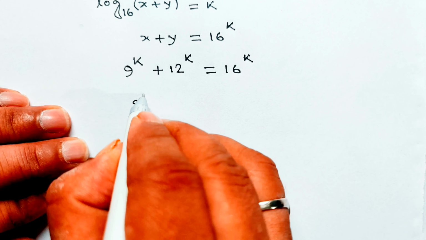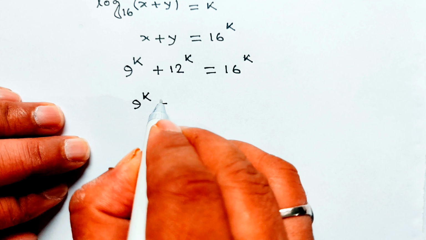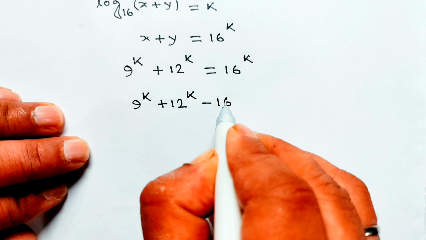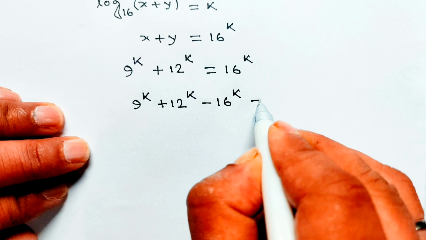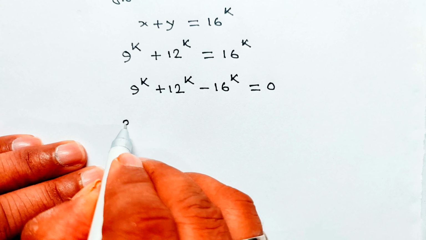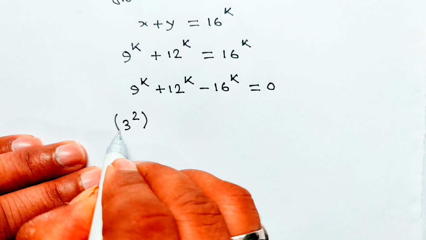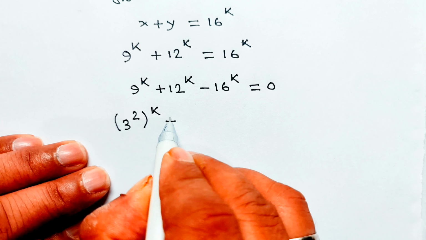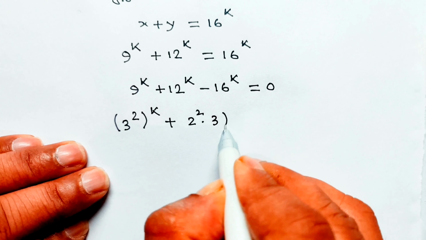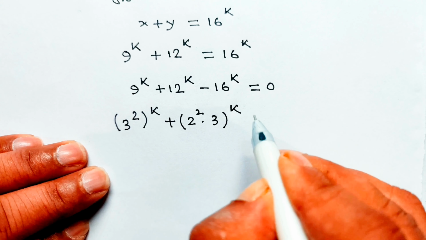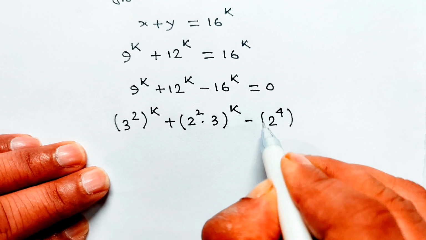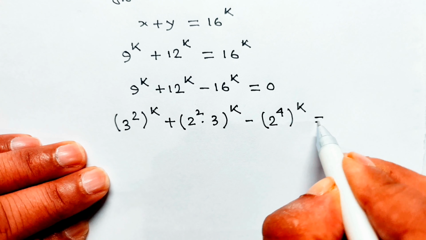Then 9 to the power k plus 12 to the power k minus 16 to the power k equal 0. 9 equal 3 square, whole to the power k, plus 12 equal 2 square into 3, whole to the power k, minus 16 equal 2 to the power 4, whole to the power k, equal 0.